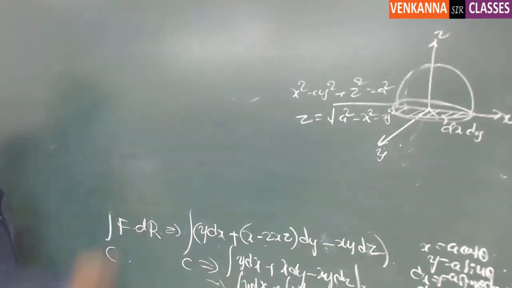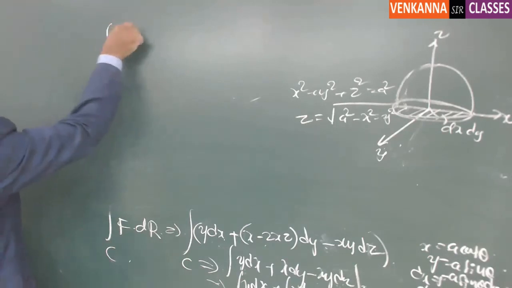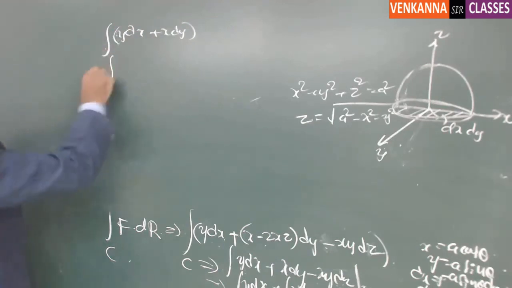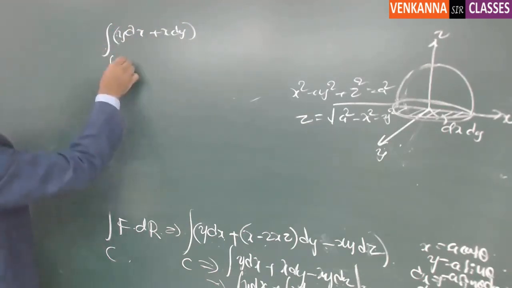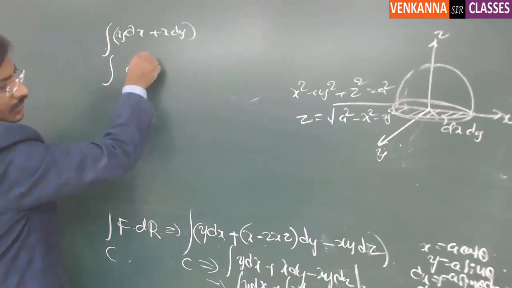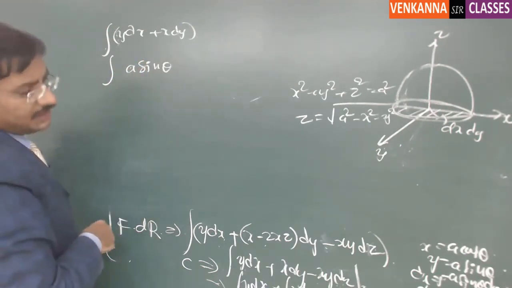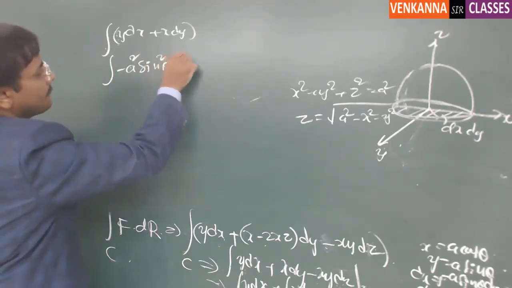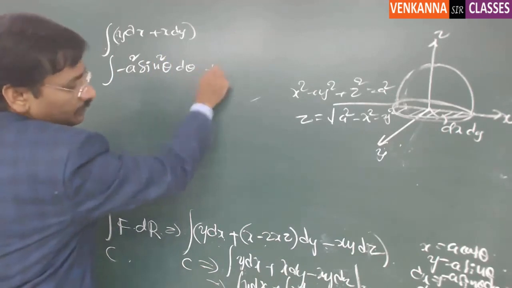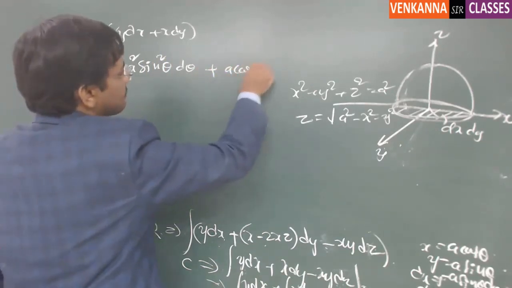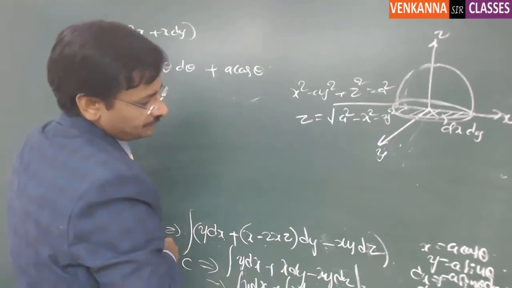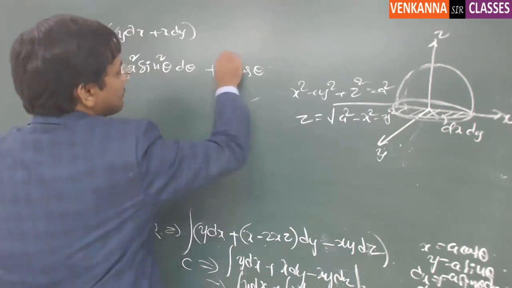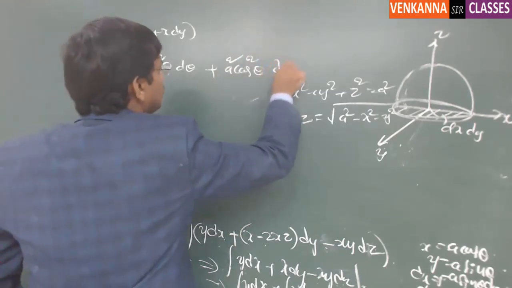So this one, integral y dx plus x dy. This can be done as: y is a sin theta and dx is minus a sin theta d theta, so minus a square sin square theta d theta, plus x is a cos theta and dy is a cos theta d theta, so a square cos square theta d theta.